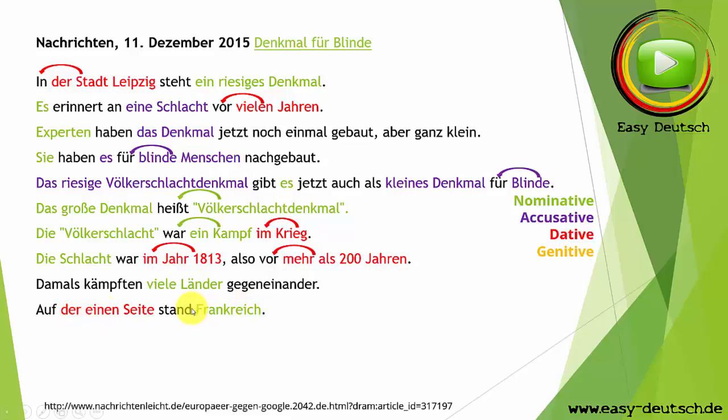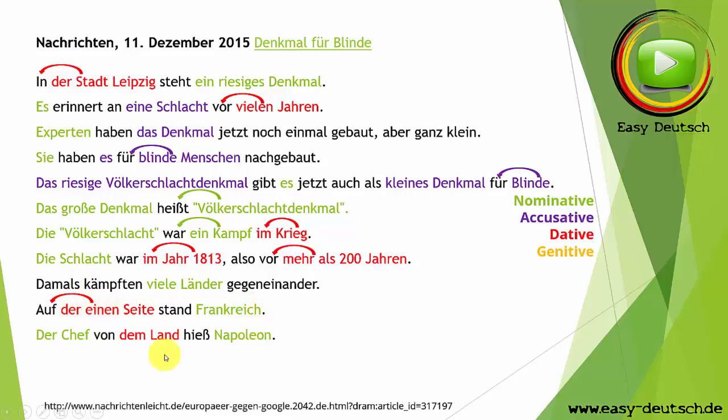France is the subject here, so France is nominative case, and auf der Seite is dative due to the preposition auf. It's local here, so we have to check if it's a movement or a position. So if we ask with wo or wohin, and it's obviously with the verb stehen, to stand, a position. So dative case.